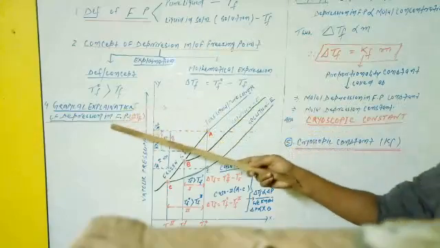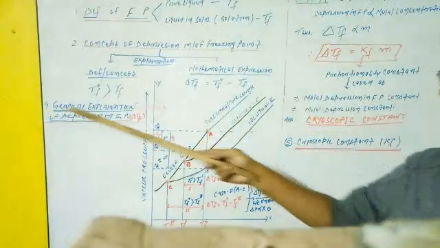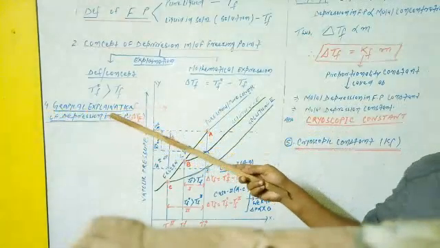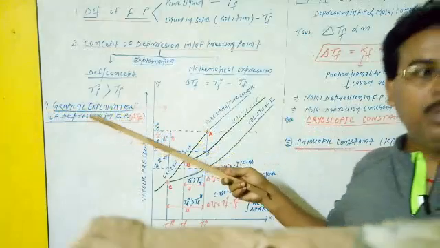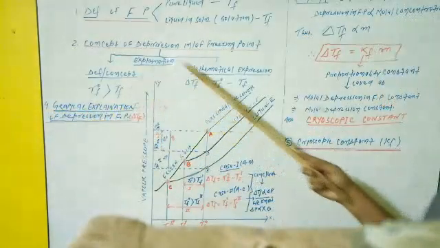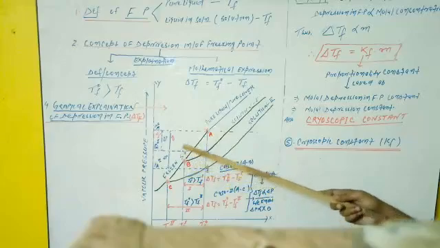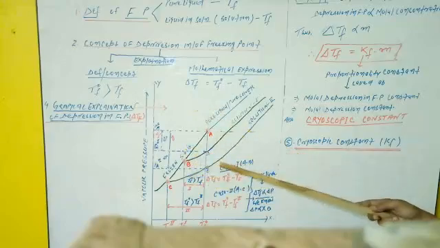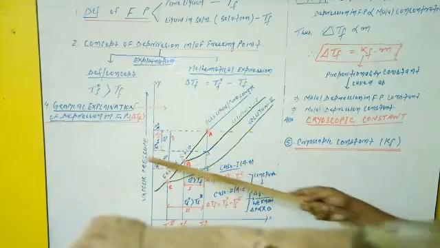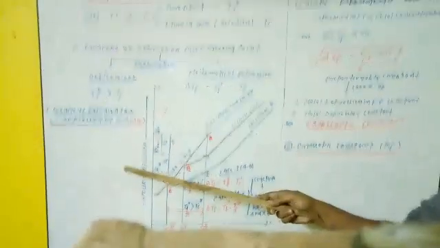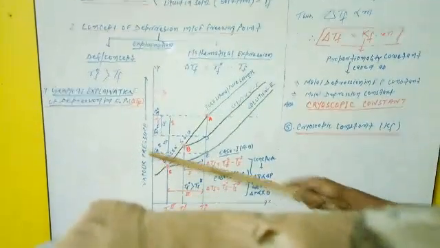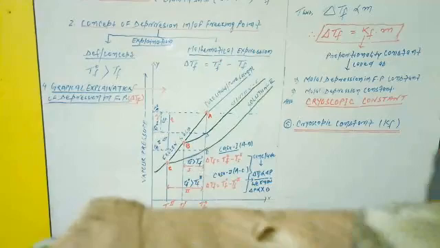Then the fourth topic is graphical explanation, in which we explain depression in freezing point with the help of a graph plotted between vapor pressure and temperature.